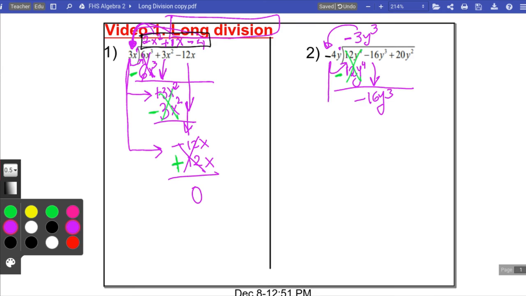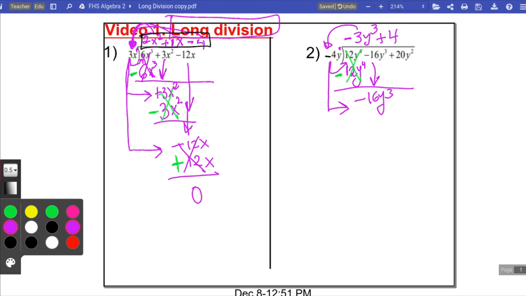What number do I multiply negative 4 with to get negative 16? Negative 4 times what gives me negative 16? How about positive 4? Now, what about the y's?